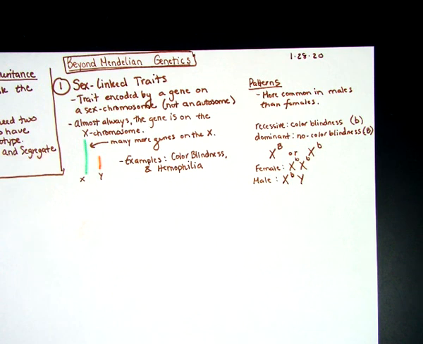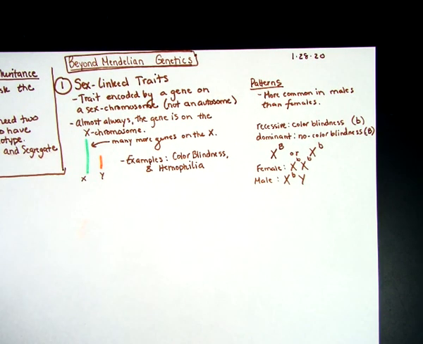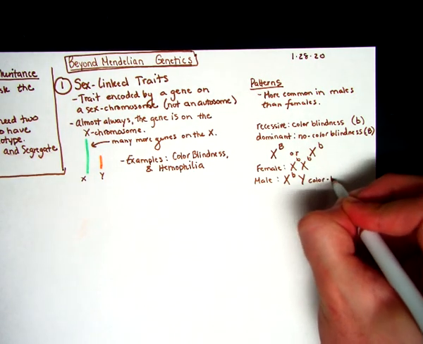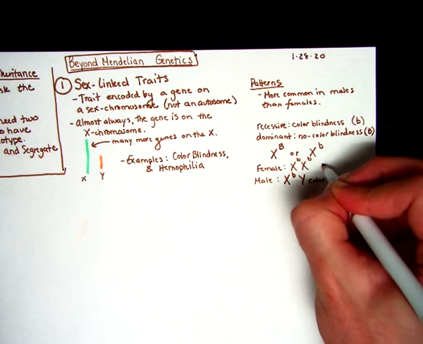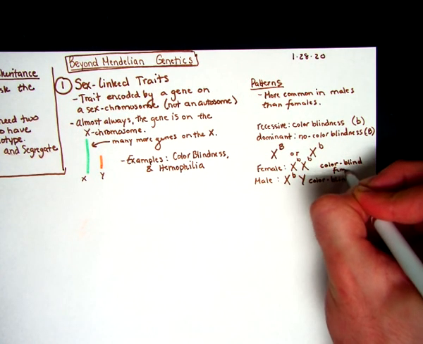And so actually, if you just get that recessive allele on the X chromosome, you have color blindness. You actually don't need two copies because the Y, again, does not typically have the same genes as the X. Okay. So this would be a colorblind male here. This is a colorblind female.